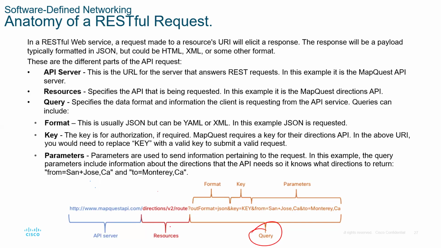I think it's requesting the location of San Jose, right? The API request will ask what is the latitude and the longitude of San Jose in Monterey, California.